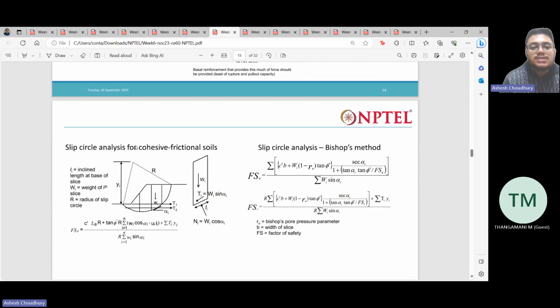But if the soil is a c-phi soil, then we need to do the slip circle analysis with wedges. We first need to assume a slip circle, then divide it into a certain number of wedges, then find out the factor of safety, then choose some other slip circle. Like this, we need to use a search algorithm to determine the critical slip surface. And this factor of safety expression is given here, as you can see.